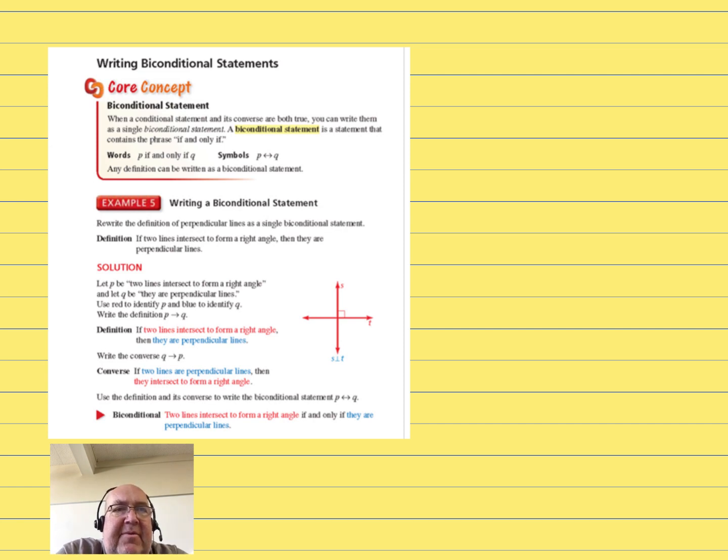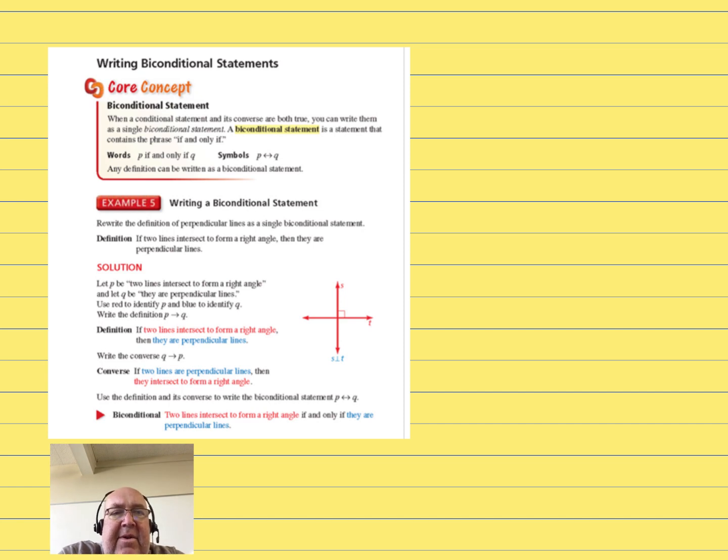Finally, we come to what is a biconditional statement. When a conditional statement and its converse are both true, then you can write a biconditional statement. So if we look at the two things here, if two lines form a right angle, they are perpendicular lines.